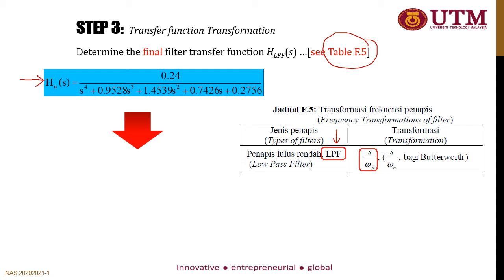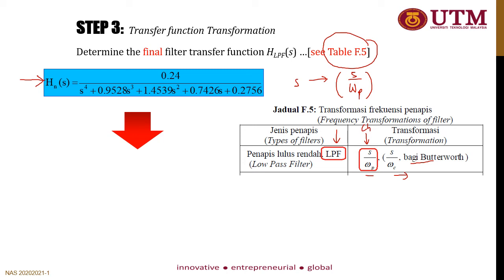Meaning that all s for this particular example must be replaced by s over omega p. What is omega p? It is the passband frequency. The left hand side is for the Chebyshev, while the right hand side, as stated, is for Butterworth. In this case, we use the Chebyshev transformation.